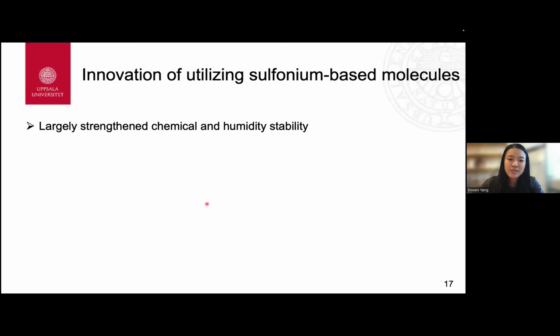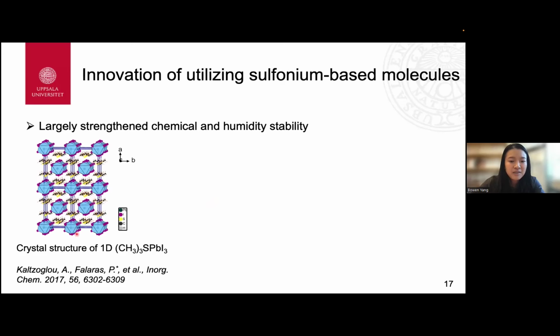So the innovation of utilizing sulfonium-based molecules to stabilize the perovskite surface is driven by the unique geometry, with largely strengthened chemical and humidity stability provided by these sulfonium-based cations. For example, a new one-dimensional perovskite based on the trimethyl sulfonium cation has been synthesized earlier, which exhibits elevated chemical stability.